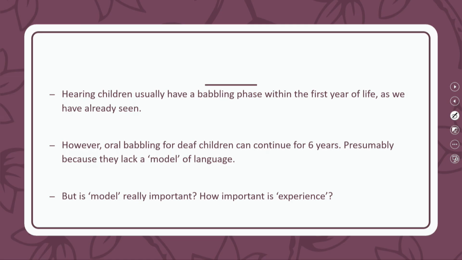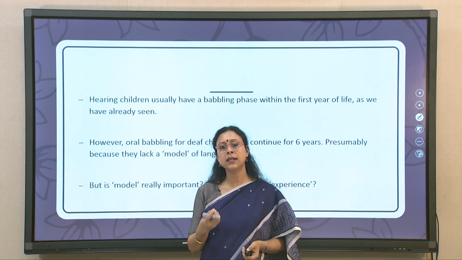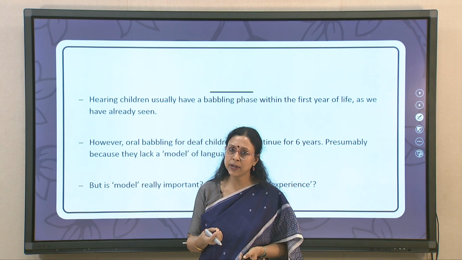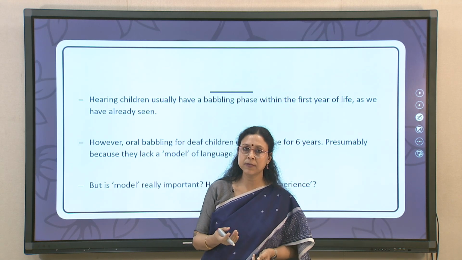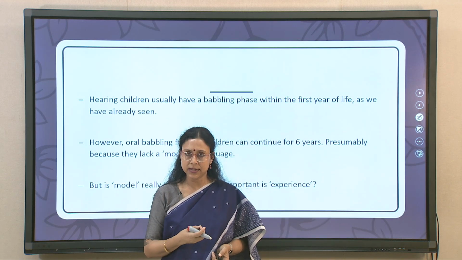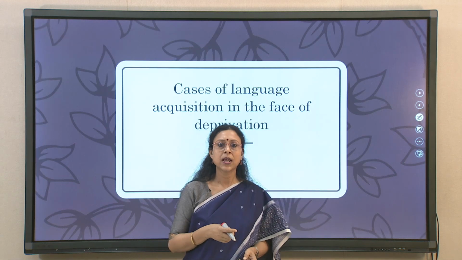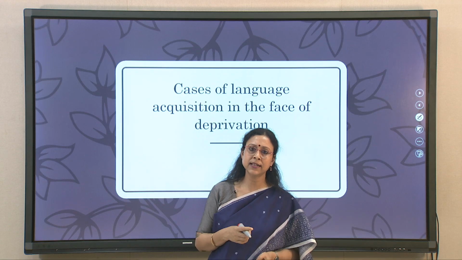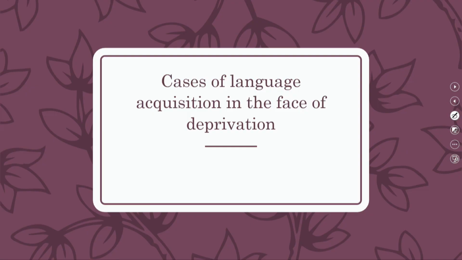So, these are some very simple observations and findings that point towards the idea that experience might be necessary. Now, experience, or technically we can also call it a model of language, the model of the ambient language, is essential. So, let us now look at cases where this does not really seem to hold.